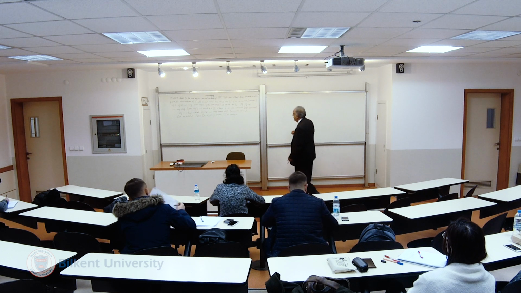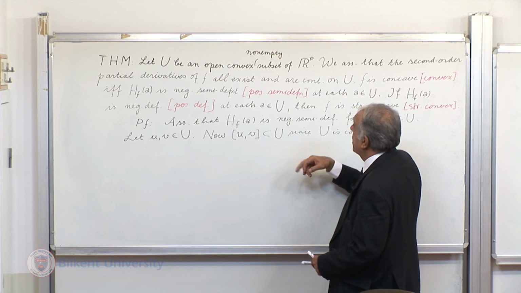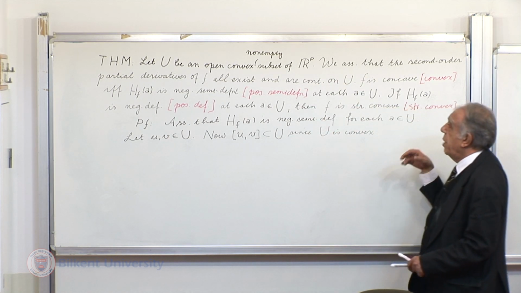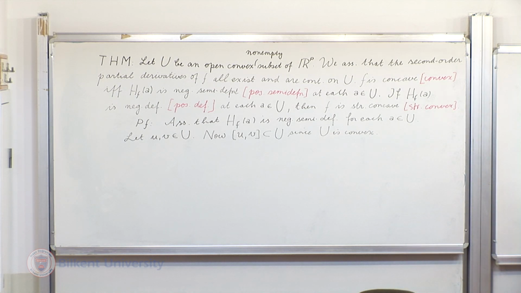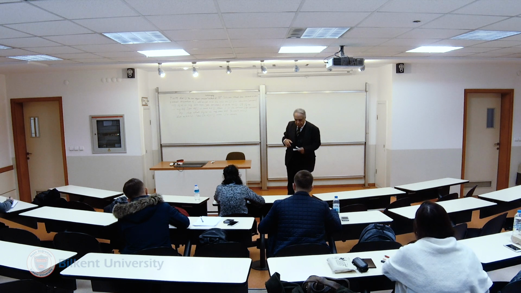Well, then here, since this is in U, this is open, and on U we have all the second order partial derivatives continuous. So this means Taylor's theorem's hypotheses are all satisfied for n equal to 2.